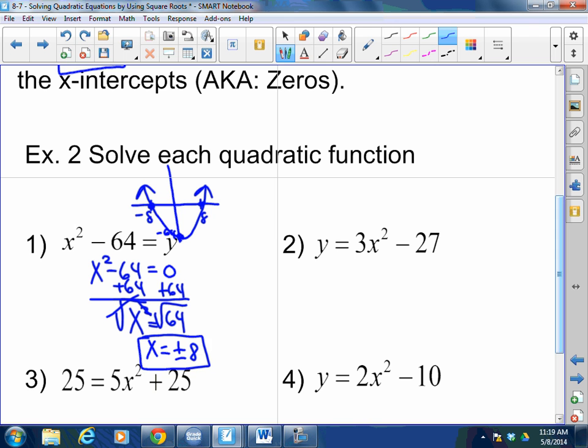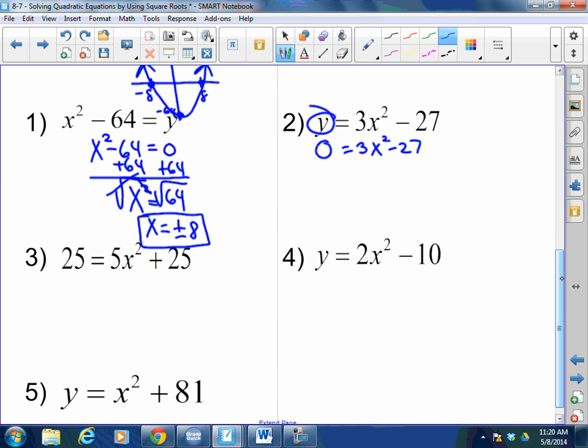Putting all these pieces together, hopefully it's making things easier. Okay, number 2. First things first, got to set that y equal to 0. So I got 3x squared minus 27. Now what? Now you want to undo addition and subtraction first, right? In a two-step equation.